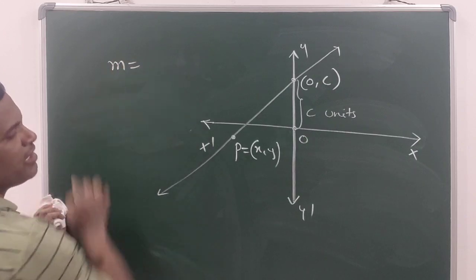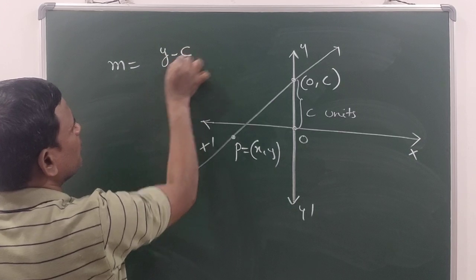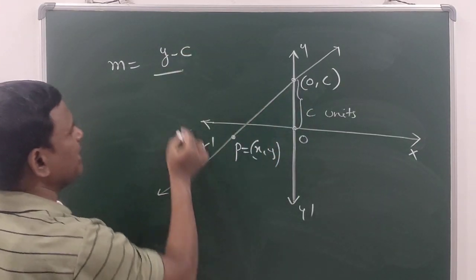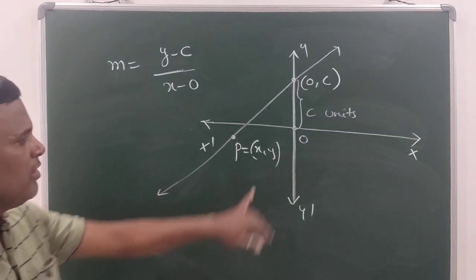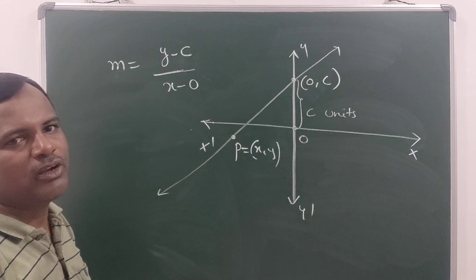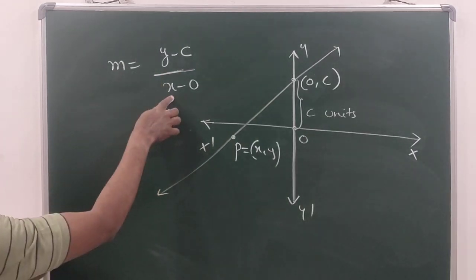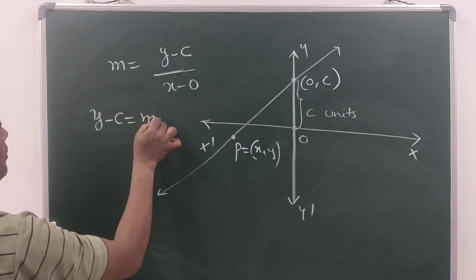Same like previous one, difference of y coordinates y minus c by difference of x coordinates x minus 0. That is y2 minus y1 by x2 minus x1. Apply that formula and simplify this. When you bring this one to the left side, you will get y minus c is equal to mx.